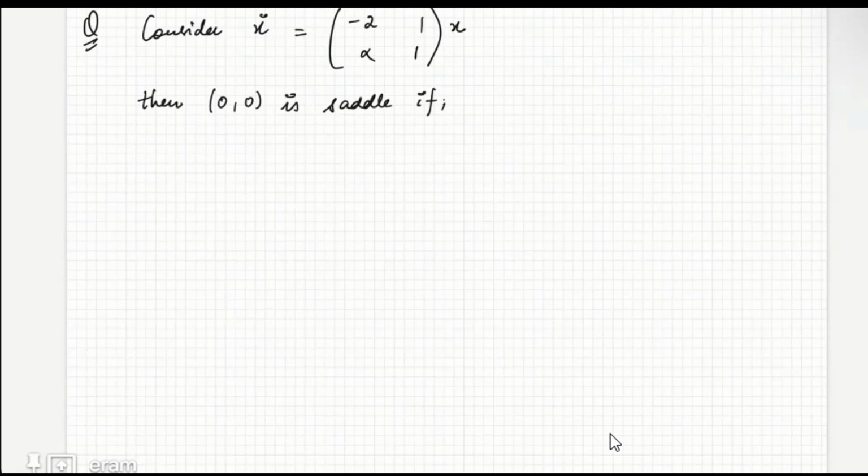We have to tell on what values of alpha the system is a saddle. For a saddle, what should be the nature of the eigenvalues?